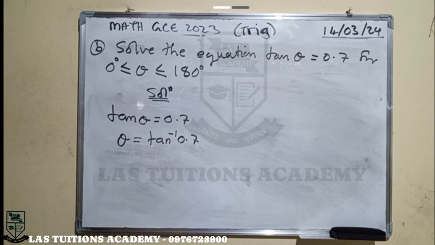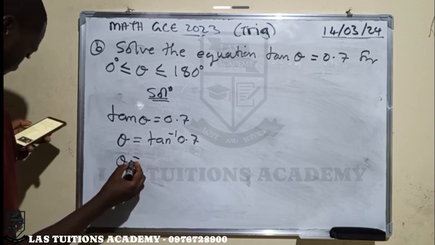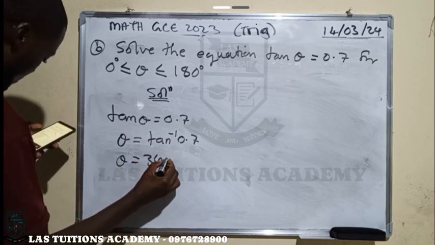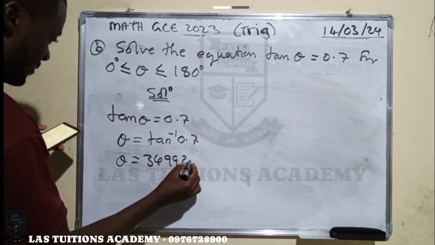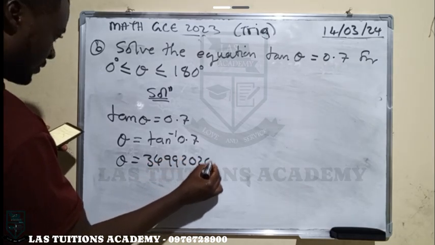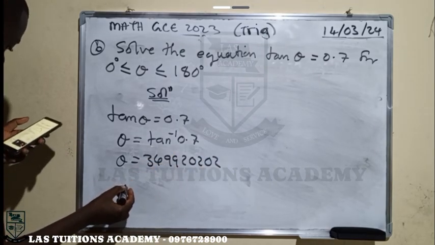Here it's giving theta is equal to 34.992 and so on. So we round off. This is 34 point something, so we round off to the nearest degree.